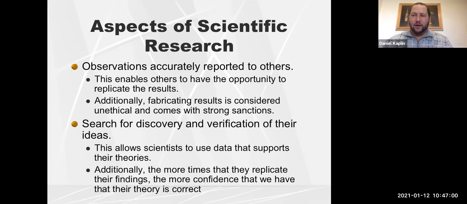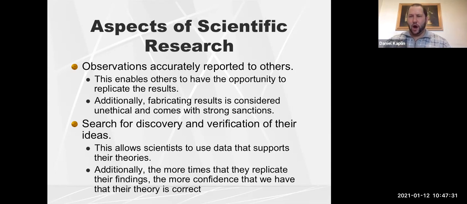Because if I found a unique finding, maybe it was a fluke. Maybe it was how I did it or who I am, some kind of charisma, whatever it might be. Accurately reporting your methodology and your results allows other people to reproduce your study. And if they reproduce it, then you get greater confidence in the outcome.